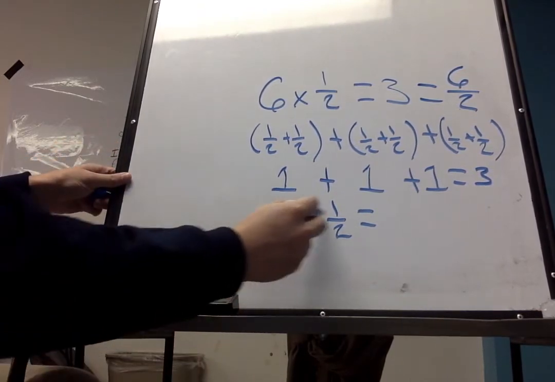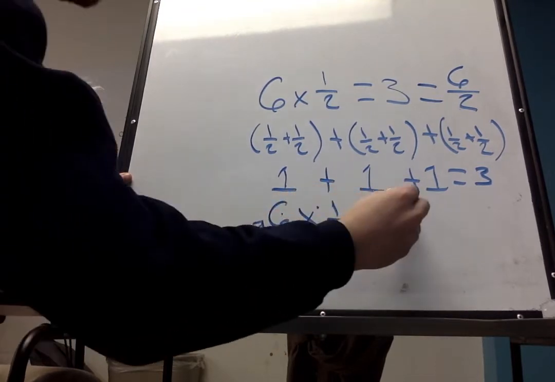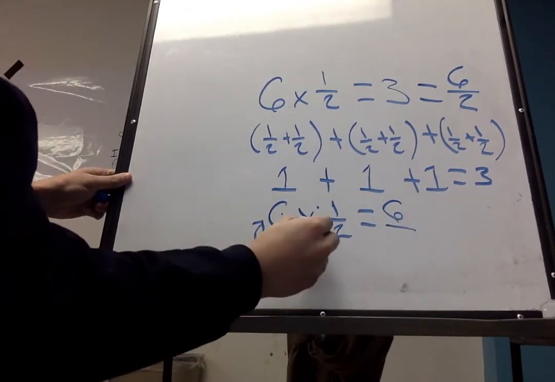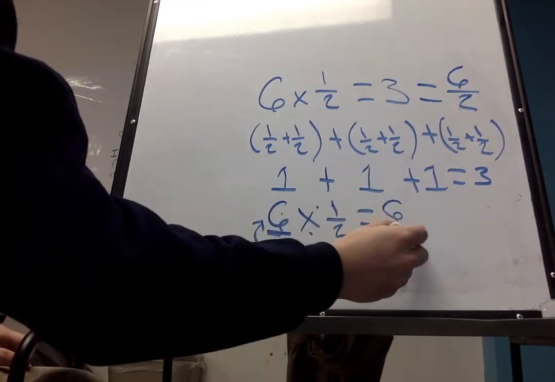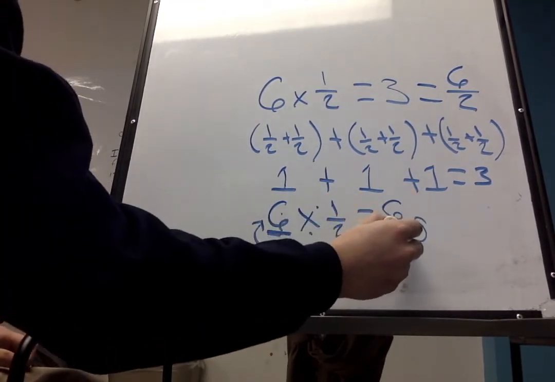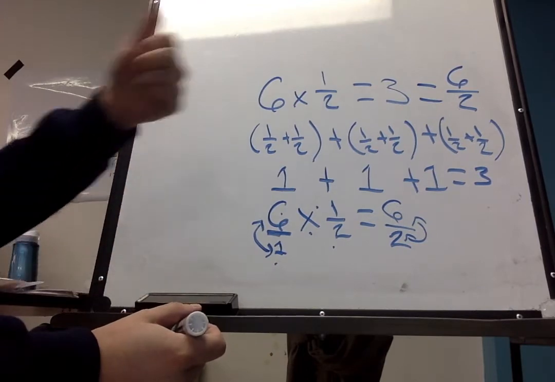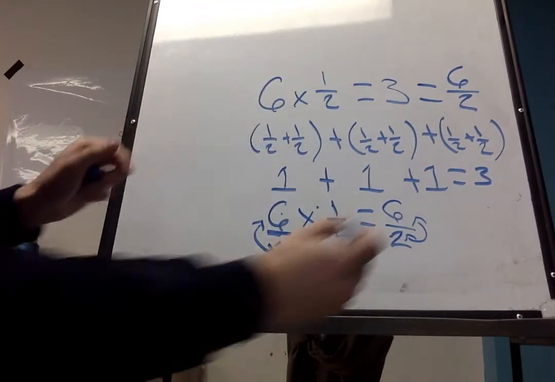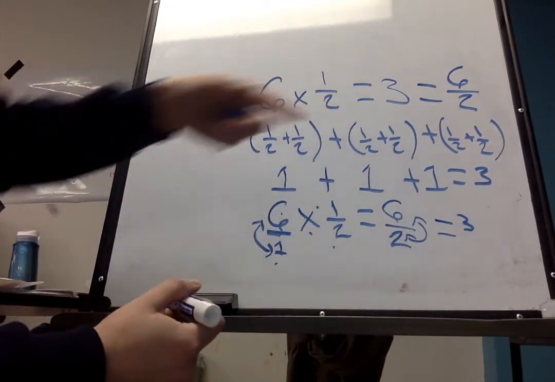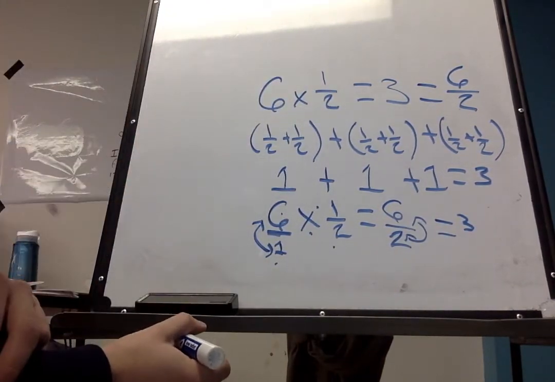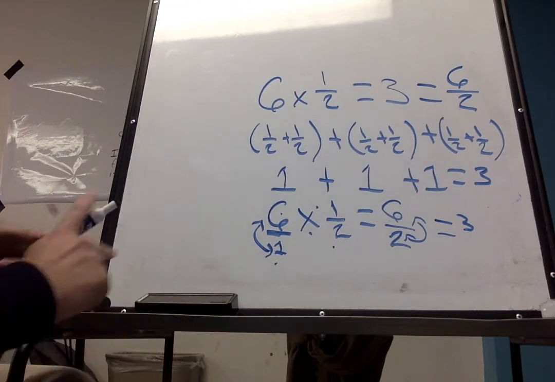So we can just multiply across. 6 times 1 is 6. 1 multiplied by 2 is still 2. We have 6 halves, and 2 divides into 6 3 times when we skip count: 2, 4, 6. So we have our 3. So 6 multiplied by 1/2 is equivalent to 3, and it's also equivalent to 6 halves.